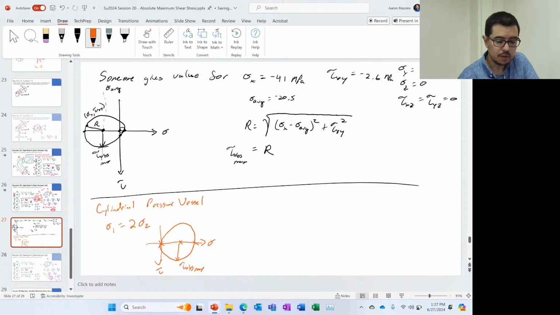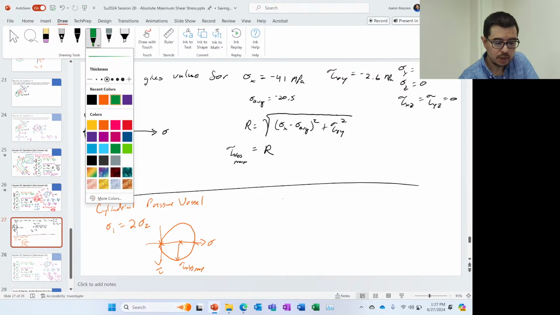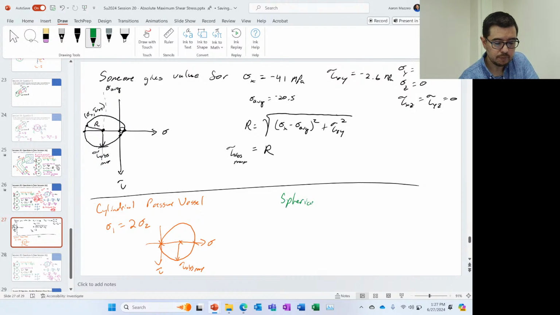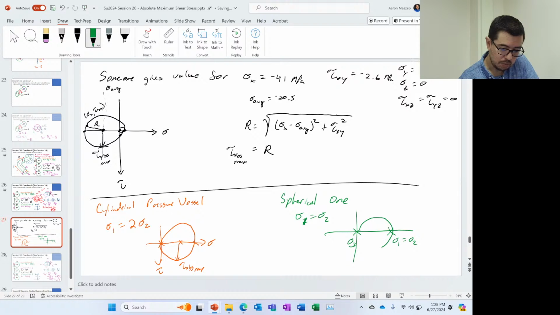And then, like we were saying yesterday, for the spherical one, we just have sigma 1 equals sigma 2. People write it different ways, but I guess we can write it that way, and then this is sigma 3. Before, it was essentially just a point.